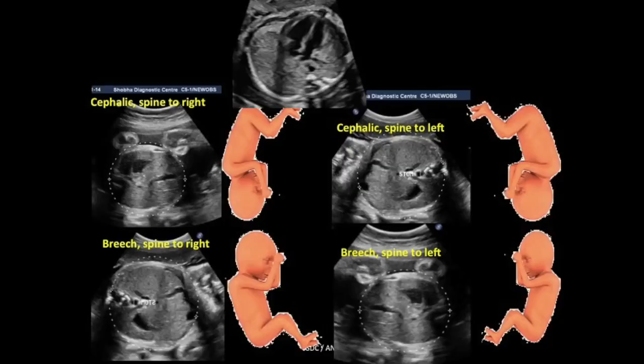So how do we look at the situs? As I said, we always look at the stomach and the apex of the heart, which is usually pointing to the left. You see first whether the apex of the heart and the stomach are on the same side or not. Then you start analyzing whether this is the fetal left side or not. When you see this is the spine, this is the section of the abdomen.